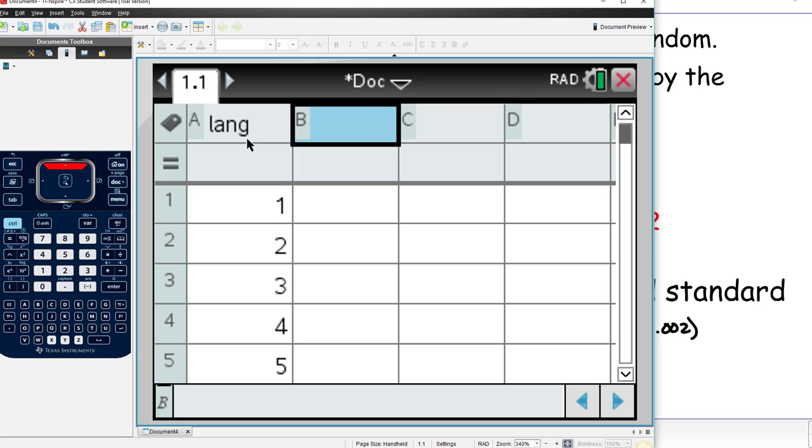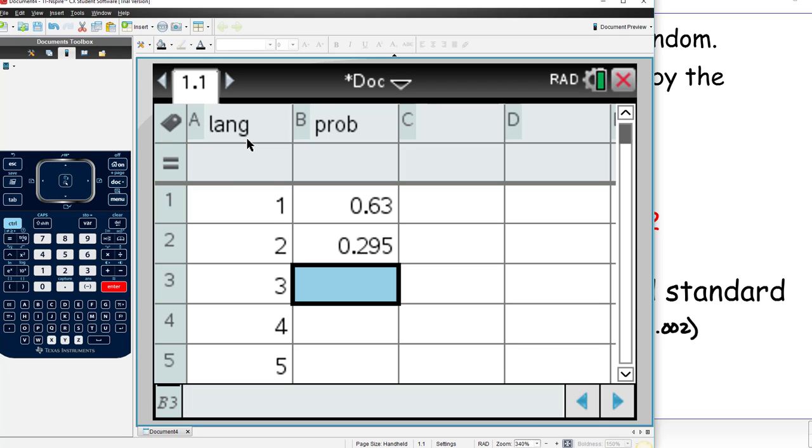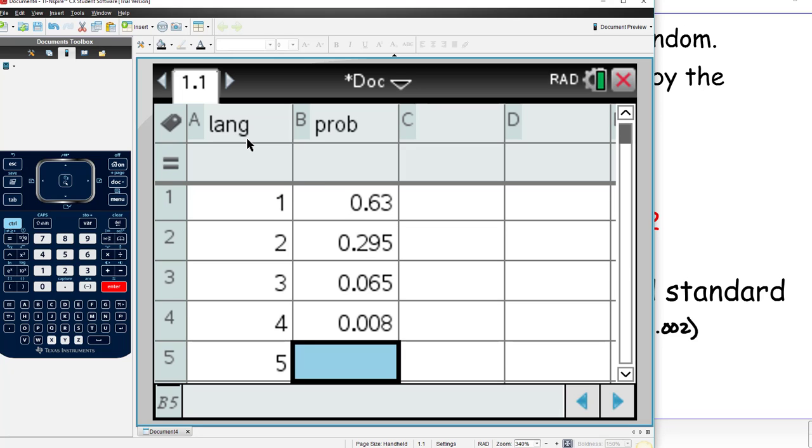Go back up now to the probabilities, and I'll name them PROB, short for probabilities. We see one language had a probability of 0.630, two languages had a probability of 0.295, 3 languages with 0.065, 4 languages with 0.008, and 5 languages with 0.002.